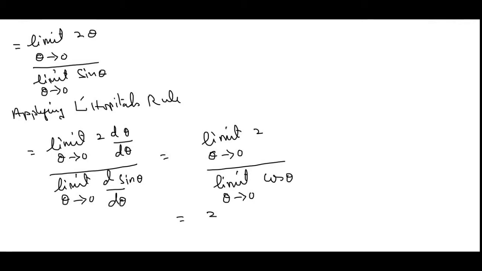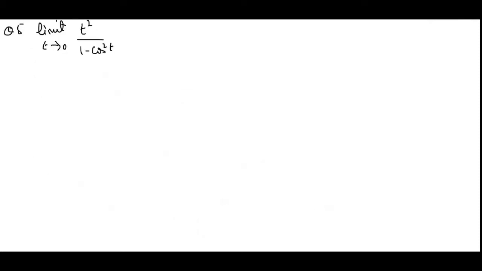Applying the limit, we get 2 and cos 0. The trigonometric value of cos 0 is 1, therefore 2 over 1 is 2. Answer. Now question number 5.